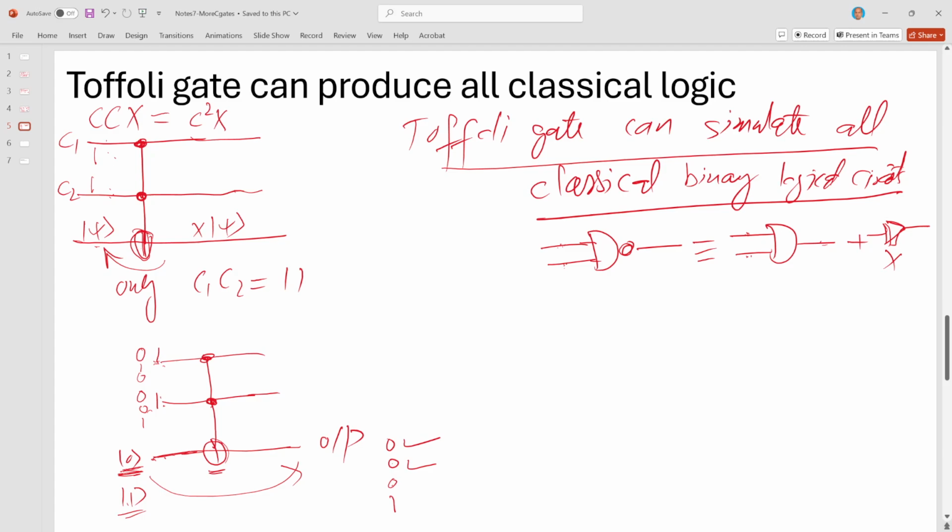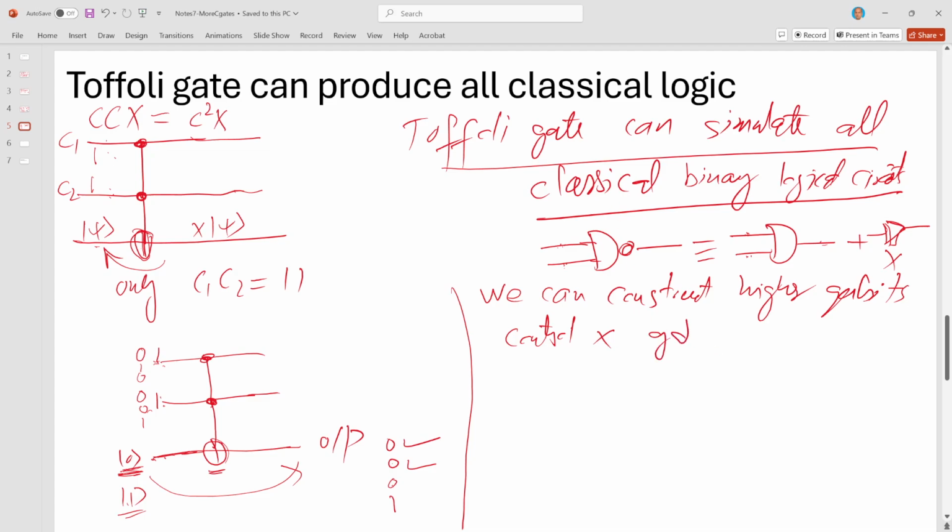All right, so let's see another important thing that we can do with the Toffoli gate. We can construct higher qubit controlled X gates using the Toffoli gate. Let me show how.